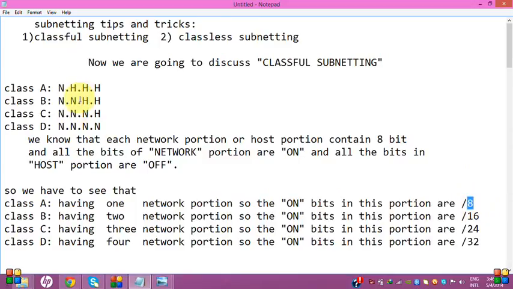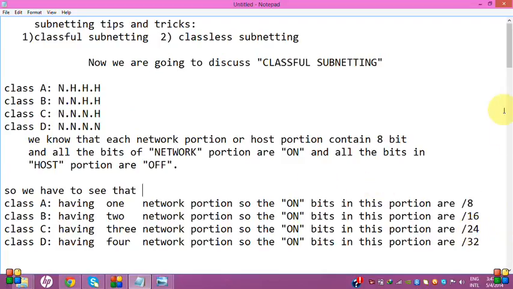In class B there are two network octets, so we have to put 16. 8 plus 8 is equal to 16. In class C there are three network portions and we have to put 24. Similarly, in class D there are four network portions and we have to put 32, and the slash value shows the network bits.